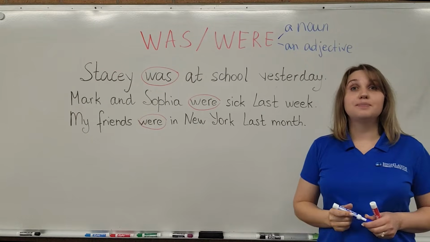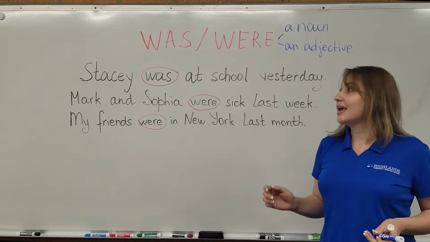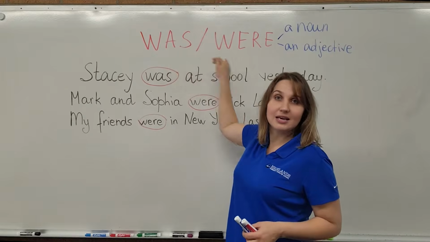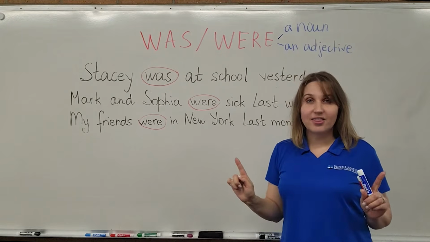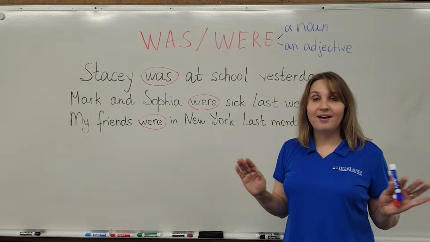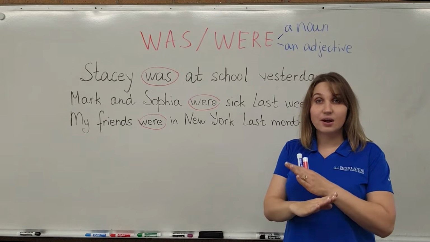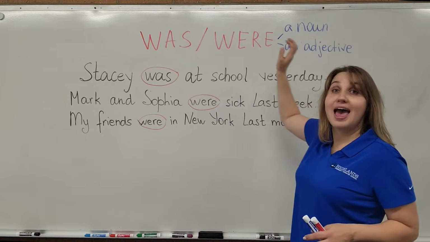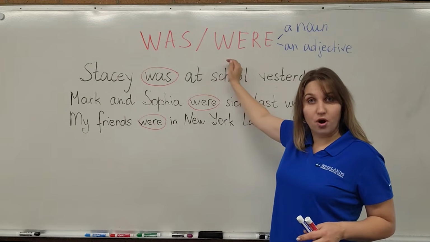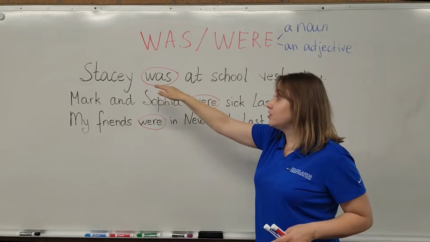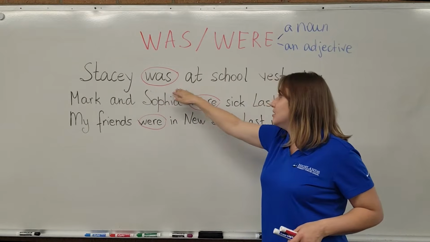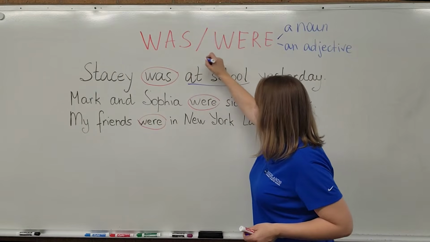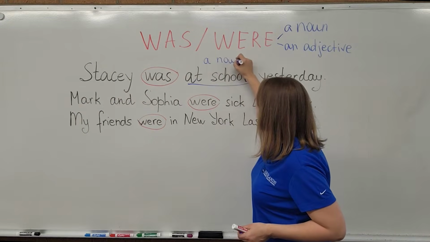These words cannot be followed by another verb. Sometimes the students make a mistake and they say, for example, Stacy was worked yesterday. We don't say like that. You cannot have a verb. That's incorrect. You can only use a noun or an adjective after those verbs. So in the first example, Stacy was at school. So at school, that's a noun.